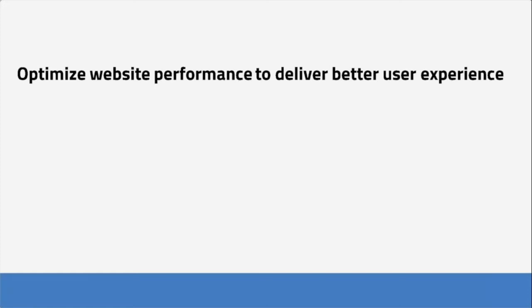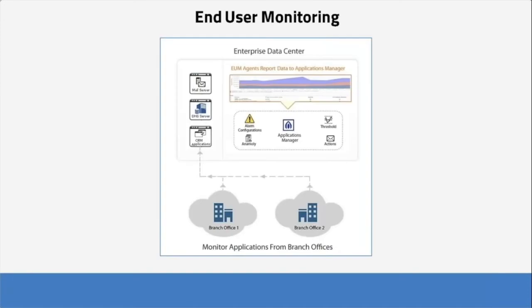There are multiple ways of monitoring the websites. The standard way is identifying a specific website's URL to check its response time and its availability. But what we are seeing right now is an advanced method where end user monitoring will require agents to be deployed across multiple geographic locations, where data will be fetched from that particular location and updated in Applications Manager.